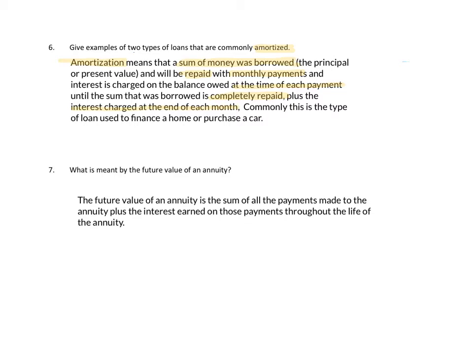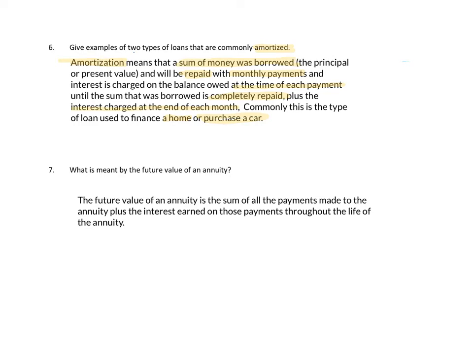Commonly, this is the type of loan used to finance a home, which is why you hear people talking about they have a mortgage, and some people have a second mortgage, meaning that they've borrowed money twice on the same piece of property, or to purchase a car, although you can amortize a loan as well.